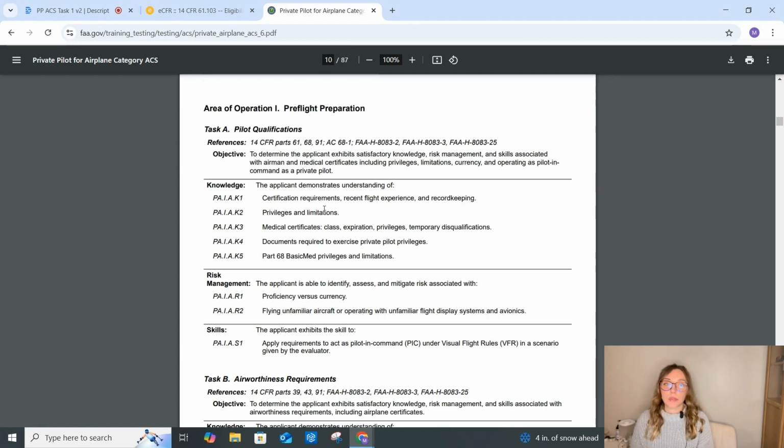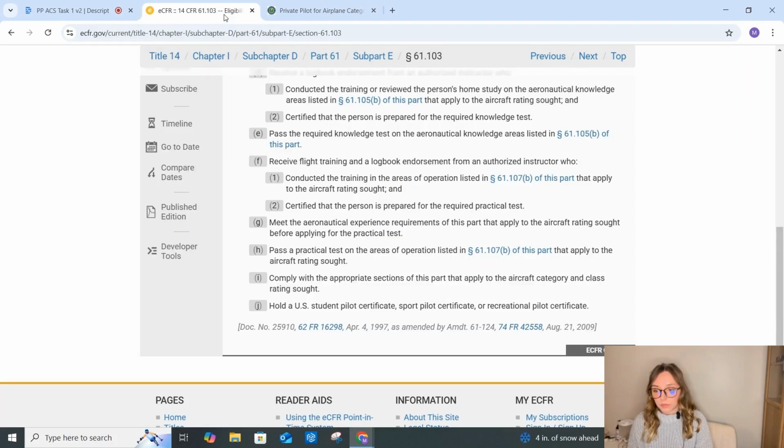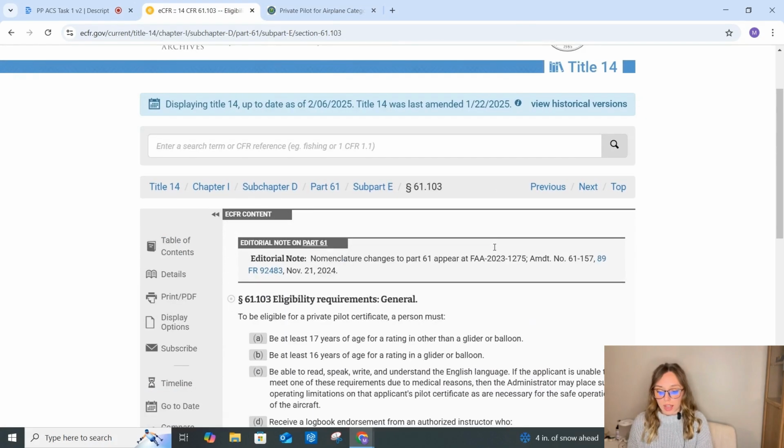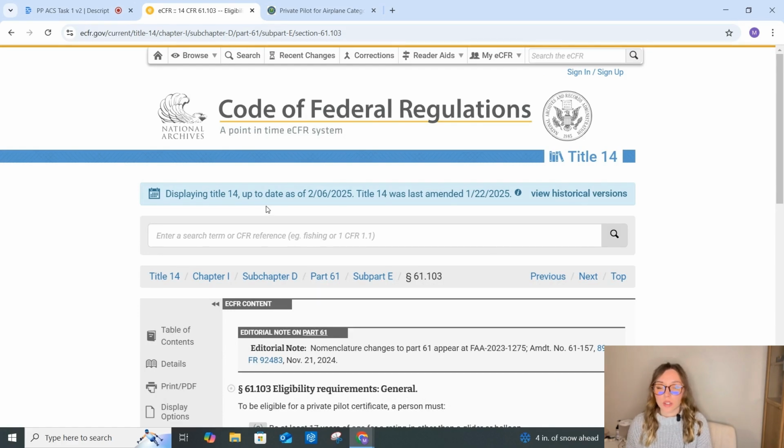I will go into the first one, certification requirements. If you look at FAR 61.103, I have it up over in the other tab. This website is also a .gov website, so I've been using it as my source of truth. You can get the FAR AIM book, which I also like. You can bring the FAR AIM book with you for the oral exam, and I don't know if you can mark it up or not.